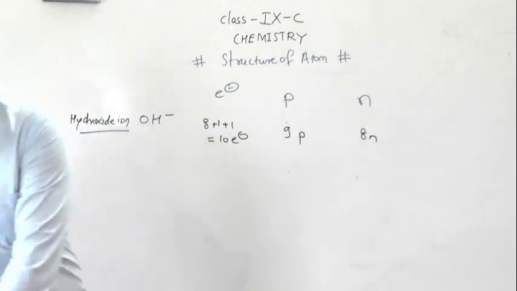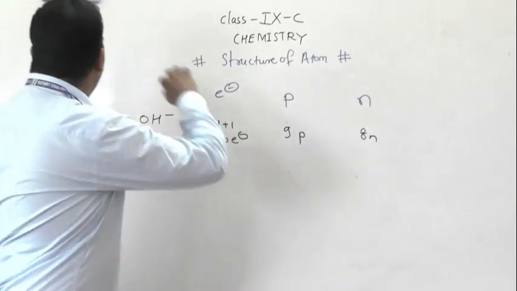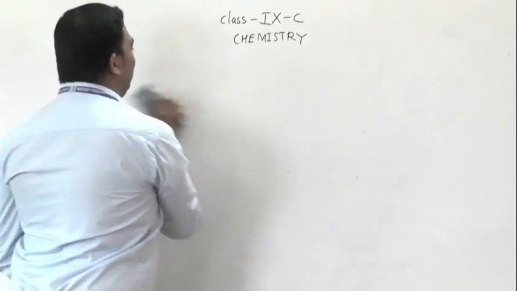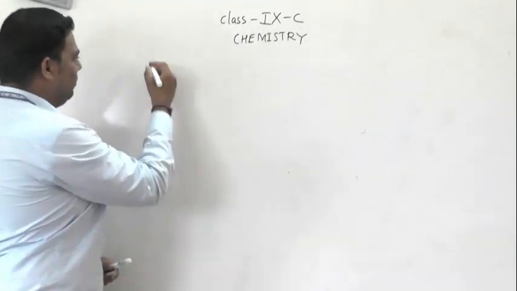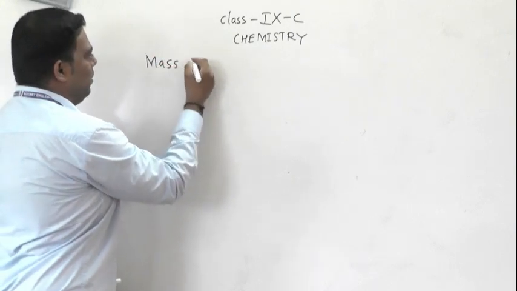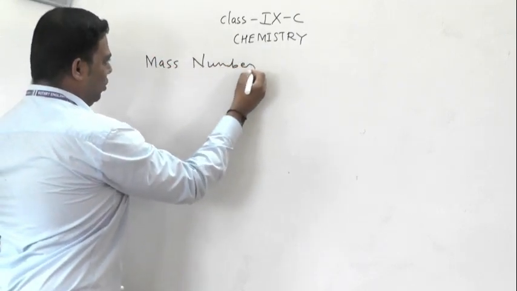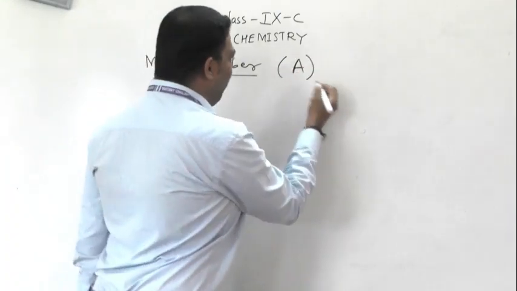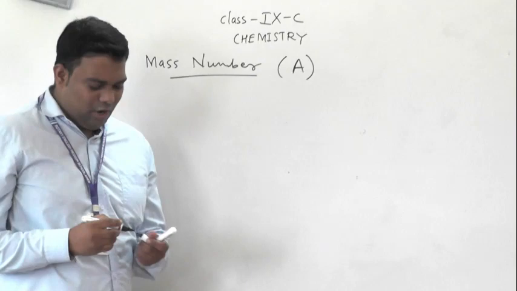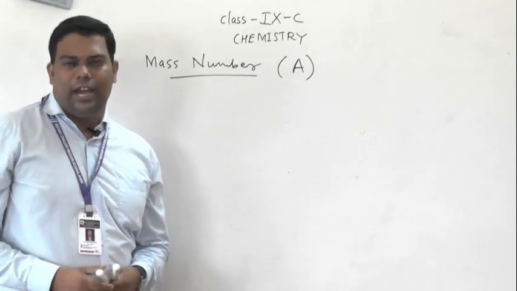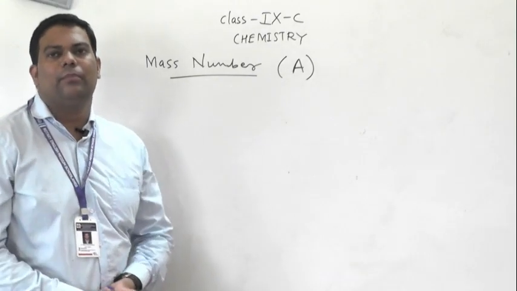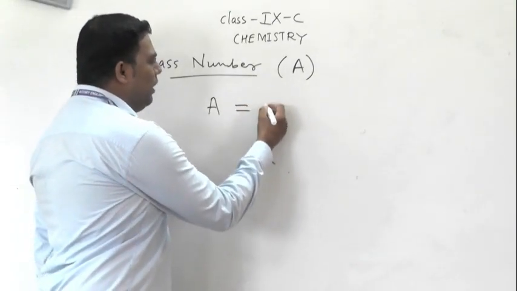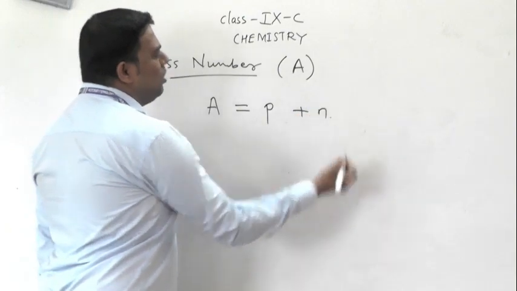Okay, so now we are going to discuss the next term, that is mass number. The mass number is denoted by a letter, capital A. It is basically the addition of neutrons plus protons. So mass number A is equal to protons plus neutrons.